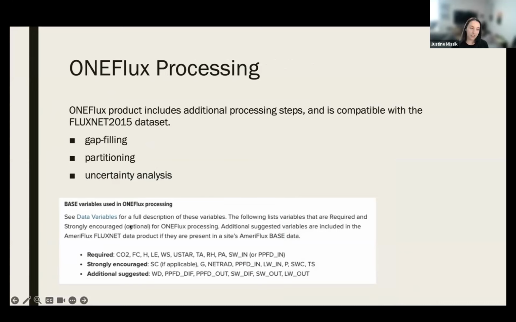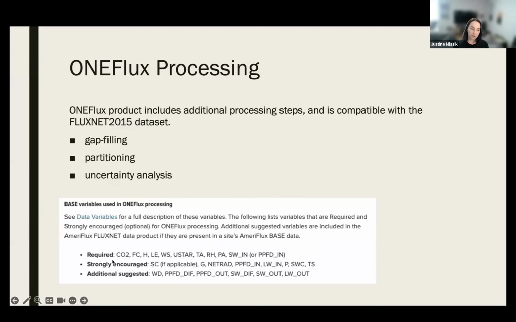So basically, to have your site's data be able to go through this processing pipeline, you first need to have your site's data published as a base product.